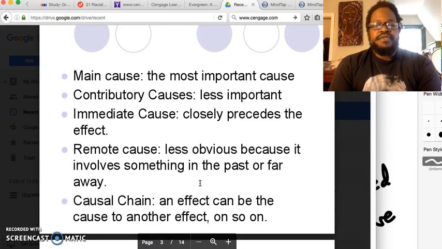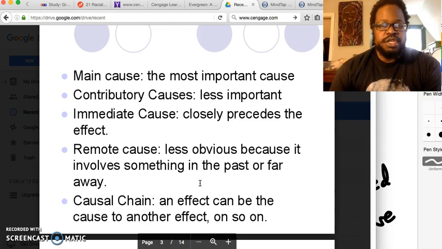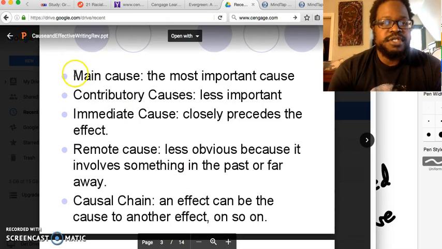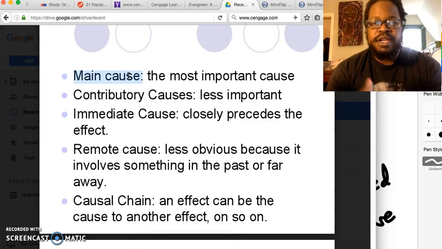When we think of events and we think about multiple causes, and this is going to be important for most of you, when we think of events that have multiple causes, usually there's something that we call the main cause. So it's going to be the factor that has the most impact on a particular event.